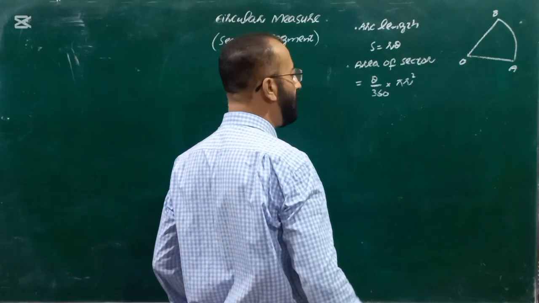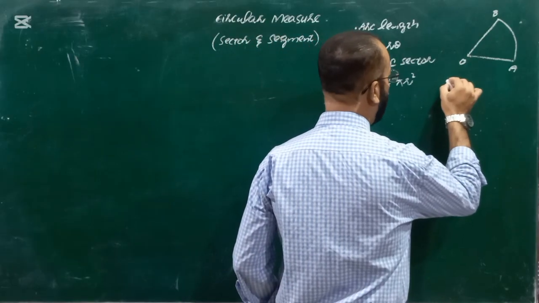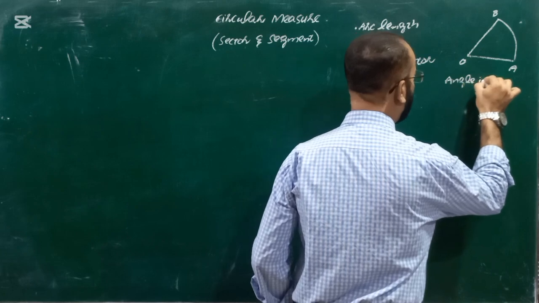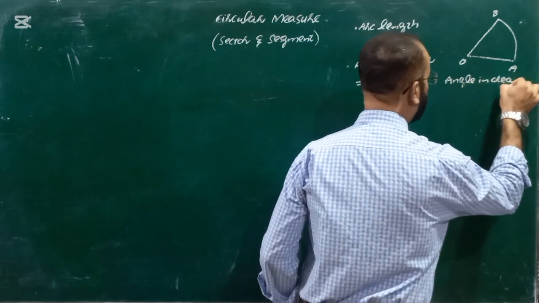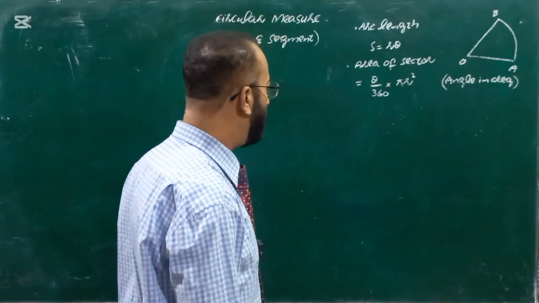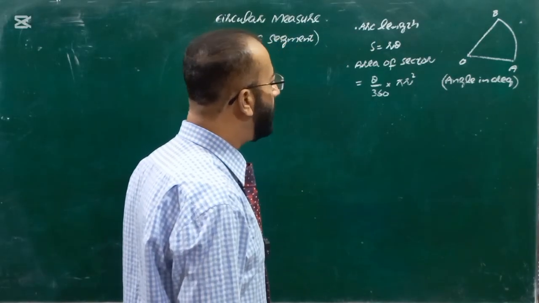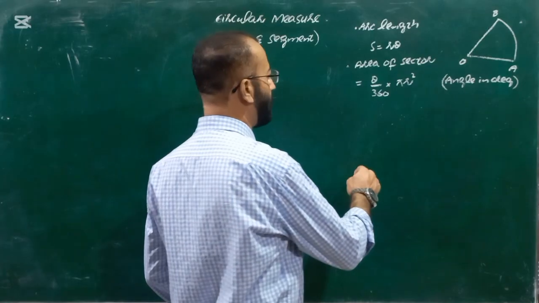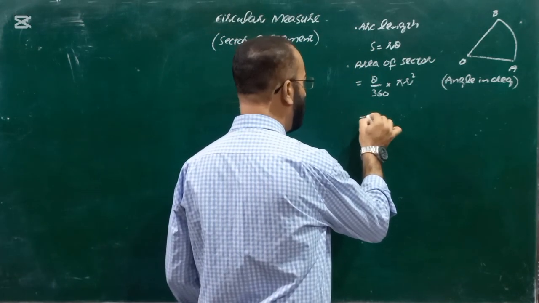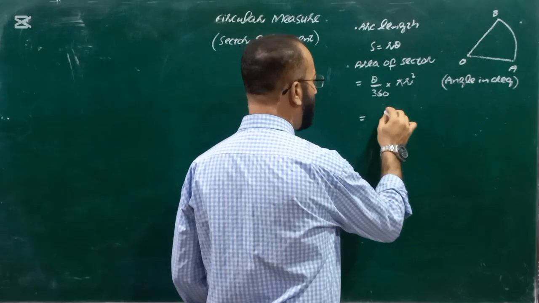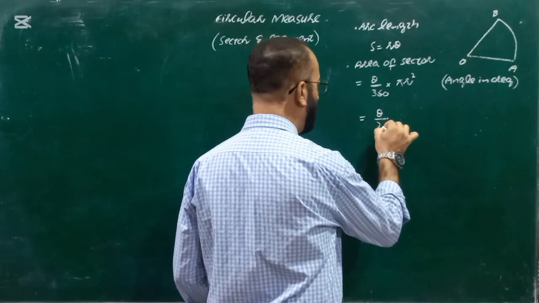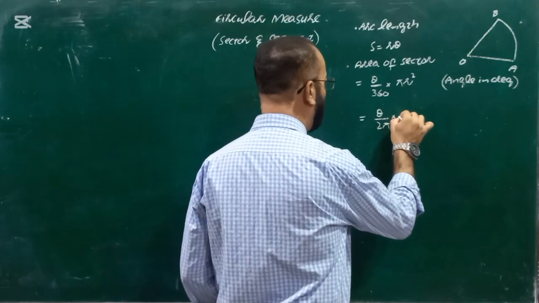So this formula will be used when angle is in degrees. But when angle is in radian mode, so we know that 360 is equal to 2 pi. So the formula will be theta over 2 pi into pi r square.